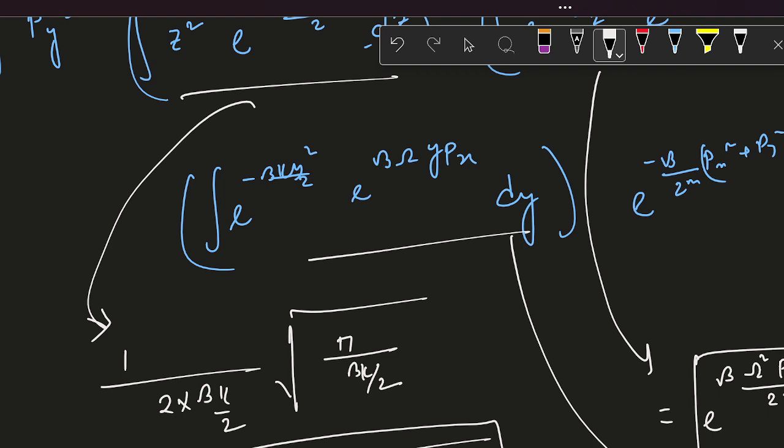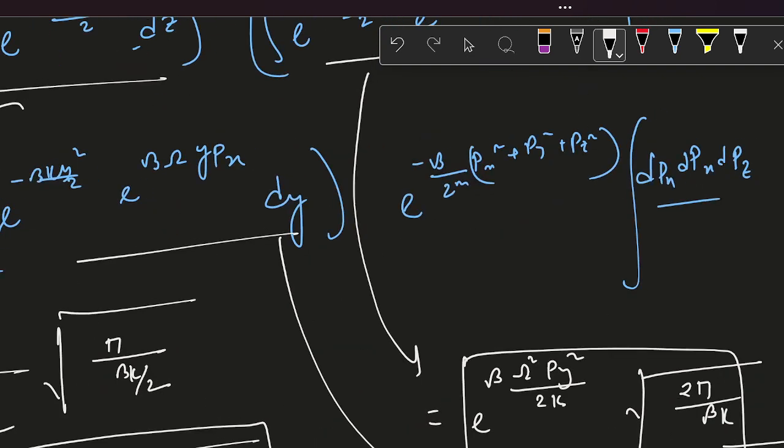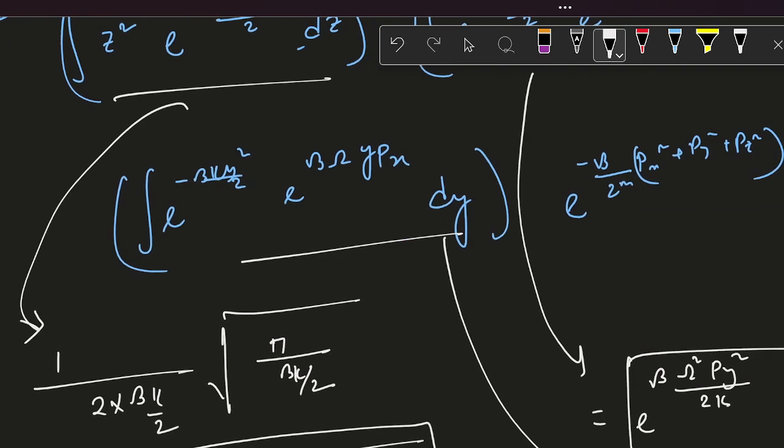So this is your solution from the integral of dx, from dy, from dz.